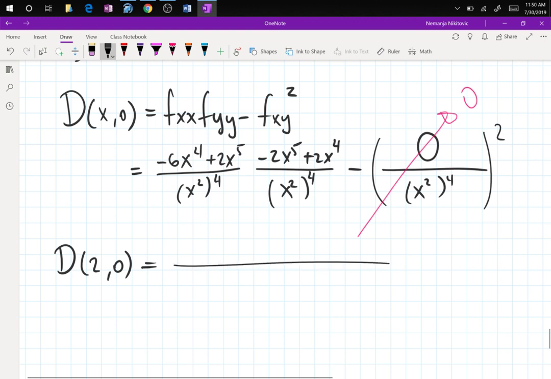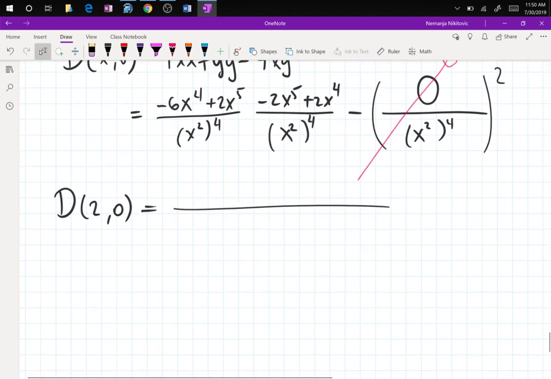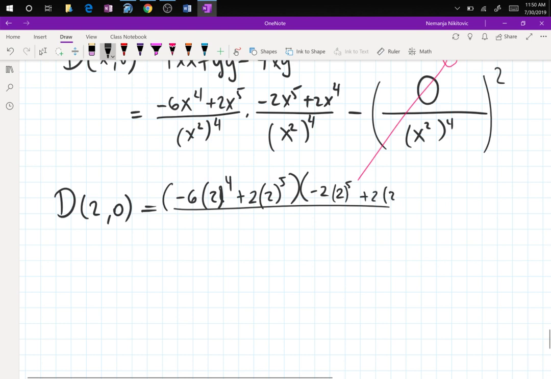Well, we just need to worry about this. So we have negative 6 times 2 to the 4th plus 2 times 2 to the 5th, all of that times negative 2 times 2 to the 5th plus 2 times 2 to the 4th.